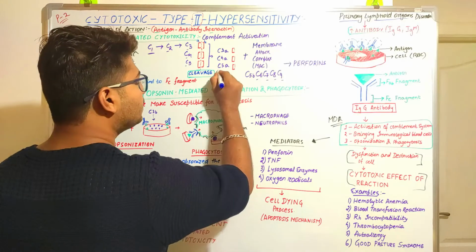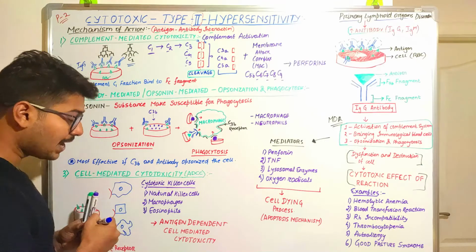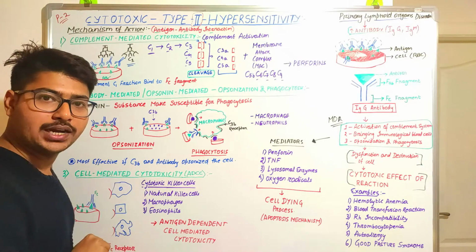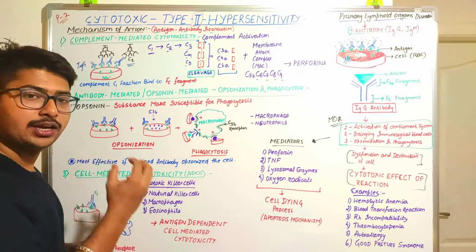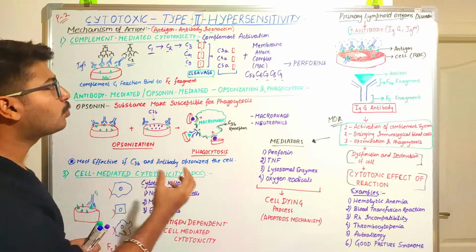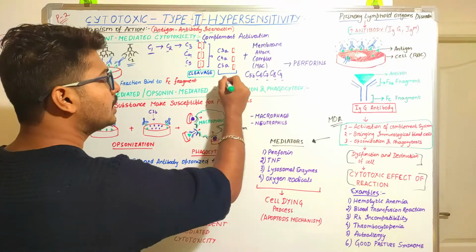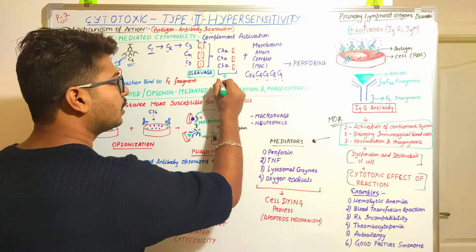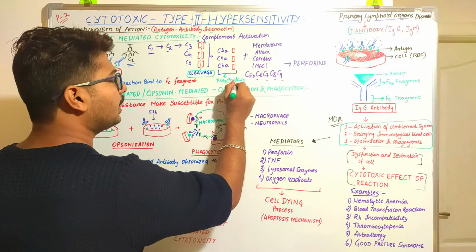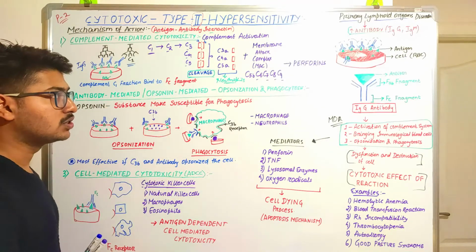These molecules act as chemotactic factors. What do we mean by chemotactic factor? It means it will attract a chemical or a cell for the process of phagocytosis. These cells are neutrophils, so they attract the neutrophils for phagocytosis.